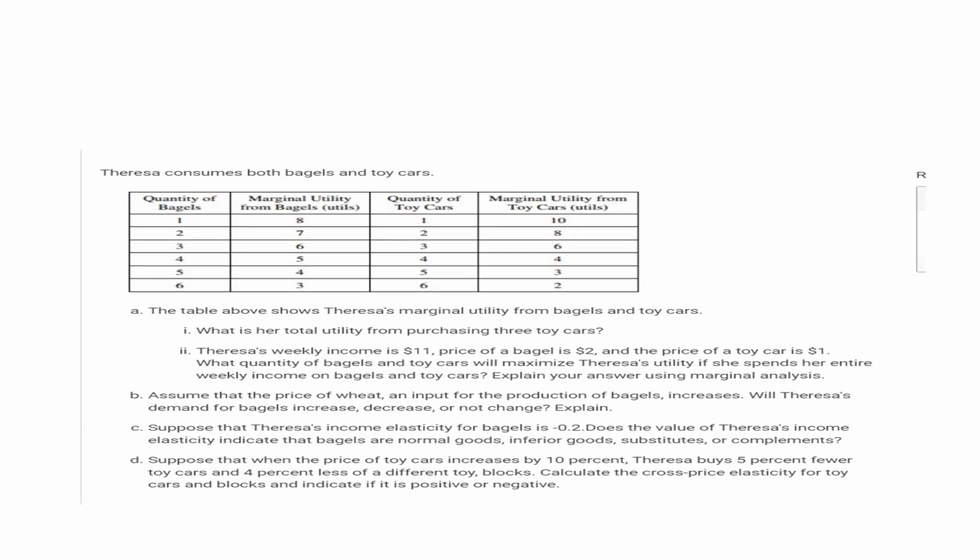So I go to 3. So that's 3 bagels, and the marginal utility over price is 3 here, 5 cars. 5 times 1 is 5. 3 times 2 for the price of the bagels is 6. I spent $11. So it's going to be 3 bagels and 5 cars.